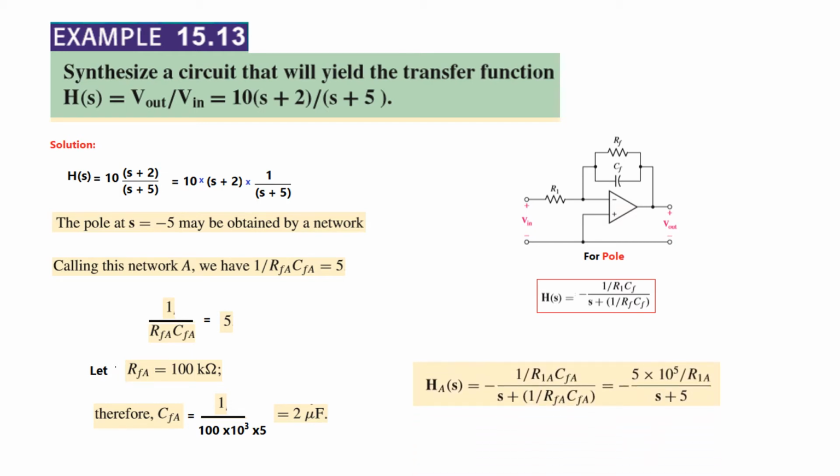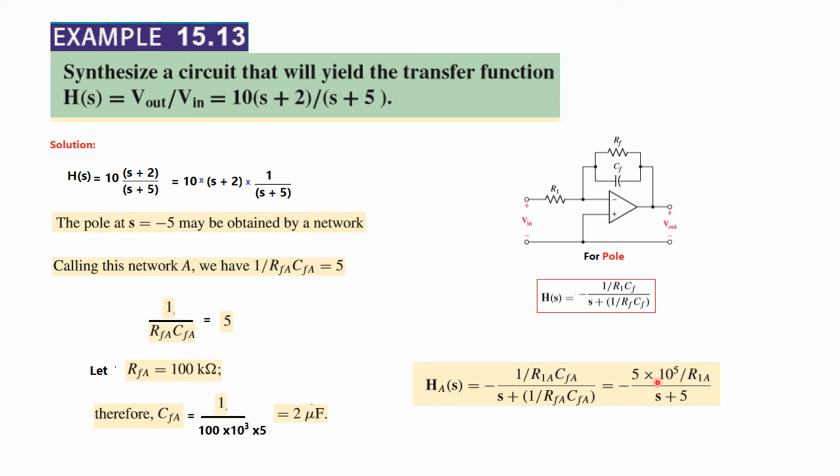And now let's plug into the transfer function. This was the transfer function, and we have just added A in all of these. The denominator is equal to s plus 5 from here, so we plug in s plus 5. CFA we have got as 2 microfarad, so we plug in 2 microfarad.